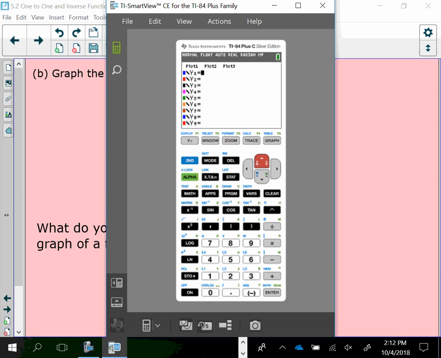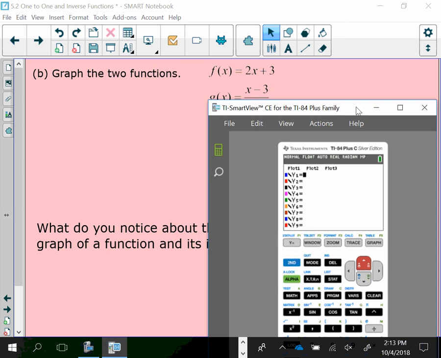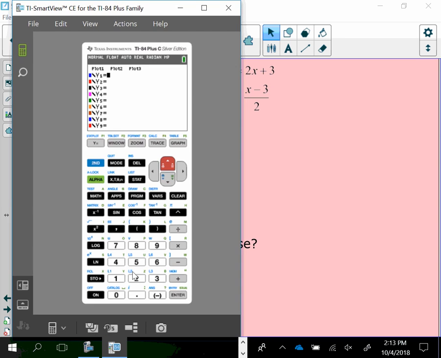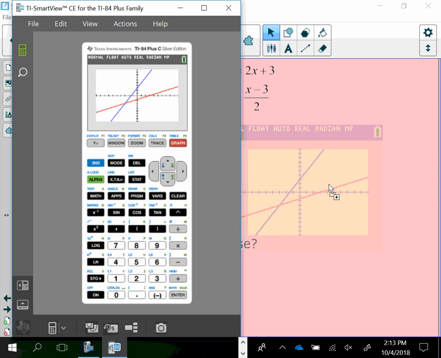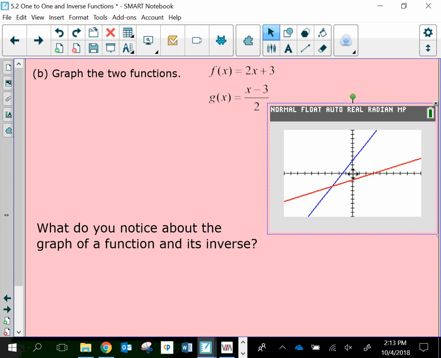What was it? 2x plus 3, and x minus 3 over 2. Graph. And they look like that.